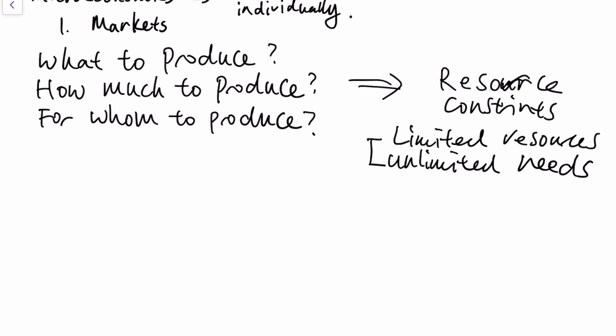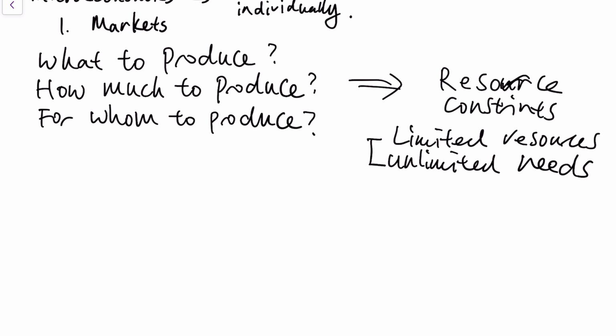Because our resources are limited, because we have so many people on the planet, because we have so many different needs and so many different wants, not everyone's want can be satisfied. And because of this resource limitation, only those who are most willing to pay, those who value this product most highly, can consume this type of product or service.